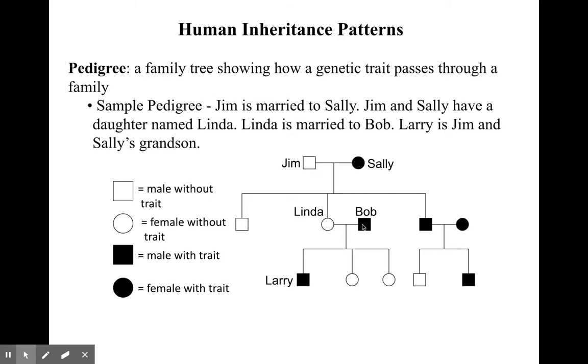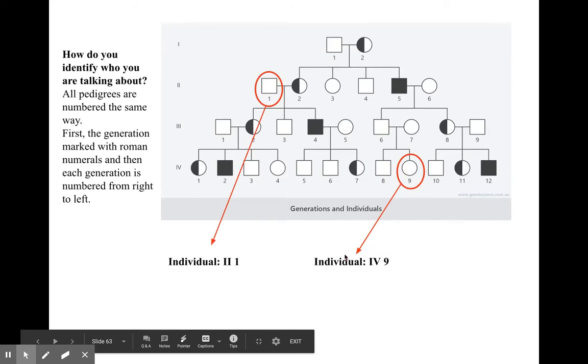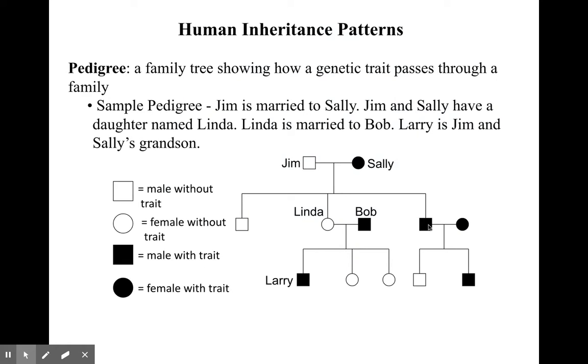The way I know that is because there's a line connecting them. And then the line down connects them to their 3 children, which includes Larry and then 2 other girls. And over here, we have that last son. He got married and had 2 boys. So that's how you follow the flow of a pedigree. That's what all the little bars and lines mean.